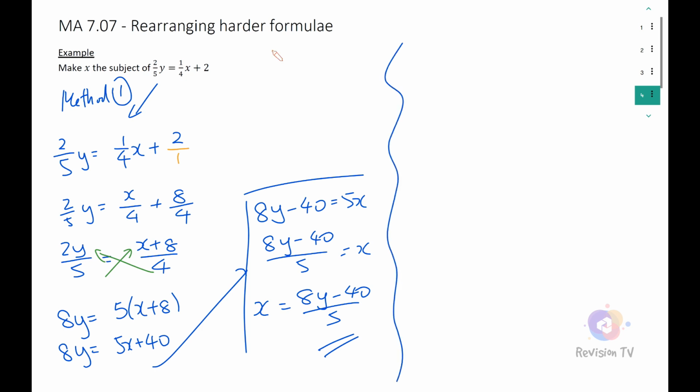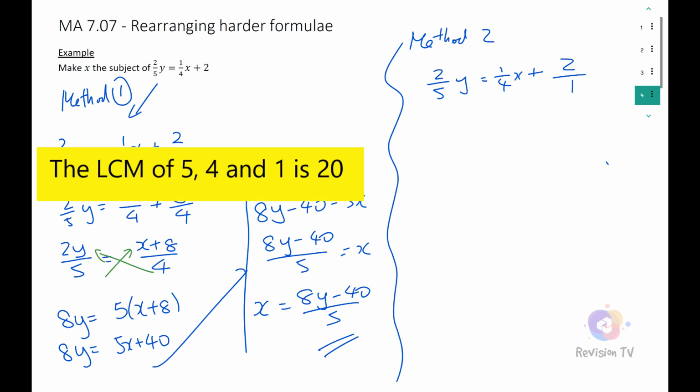Method number two. Same thing, I'm going to change the 2 into 2 over 1. So nothing changed, plus 2 over 1. But what's changing here is I'm going to deal with all the fractions at the same time. 5, 4, and 1. The lowest common multiple is 20.